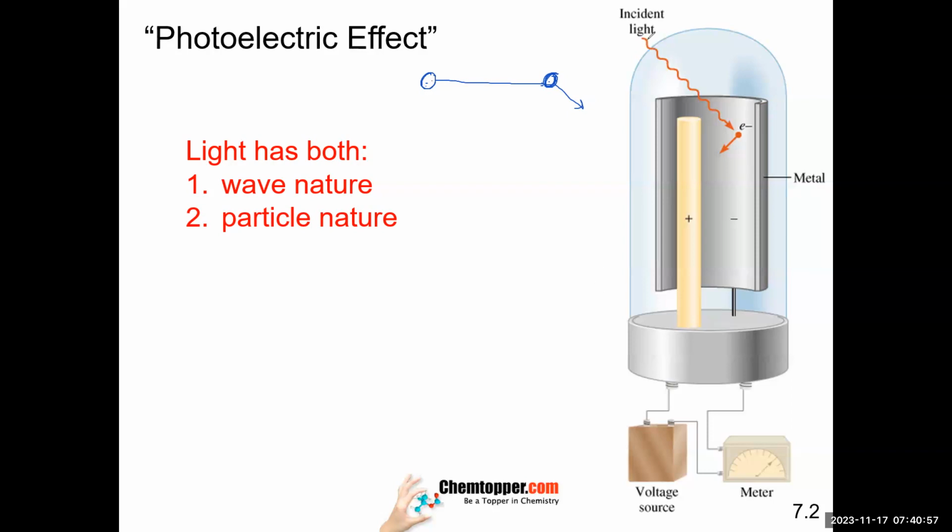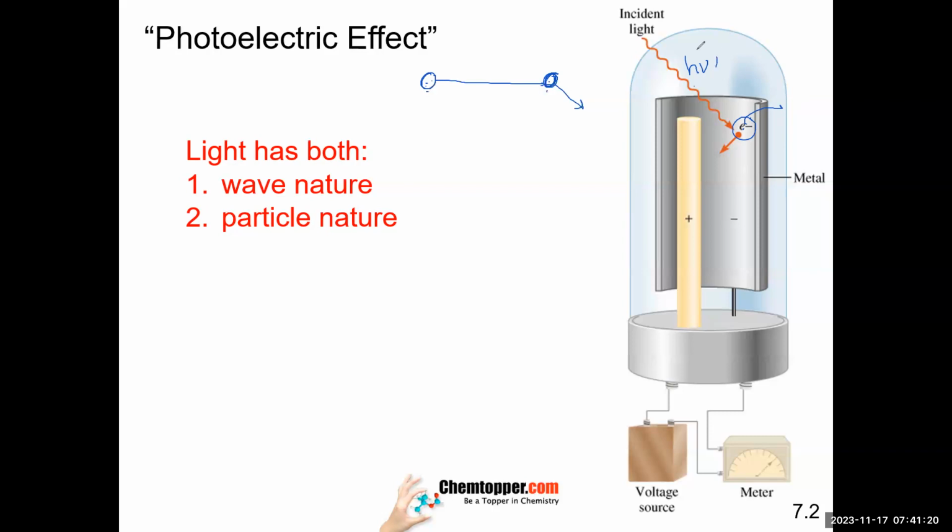But here, this light is hitting this electron, and the electron is moving. What is an electron? An electron is like a particle. Though it has negligible mass, it's a particle. We know that, right? But light, when it hits the electron, makes this electron jump out, just like when a marble hits a marble.